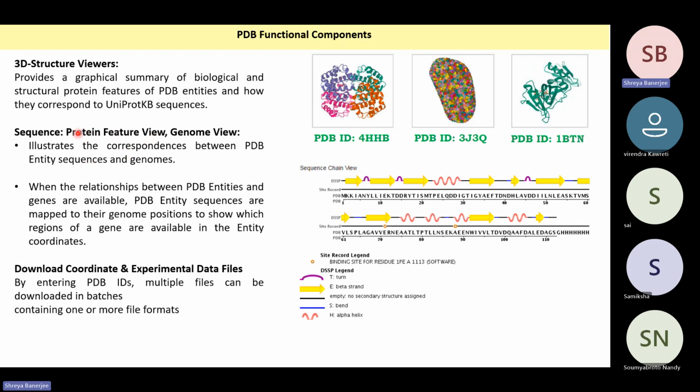There is a protein feature view where you can see the amino acid sequence and secondary structures, and there is a genome view which will tell you that this particular amino acid region comes from what DNA sequence. In the more recent PDB structures, this genome view is also included, so you can correlate which region of the DNA this particular protein is being formed from.